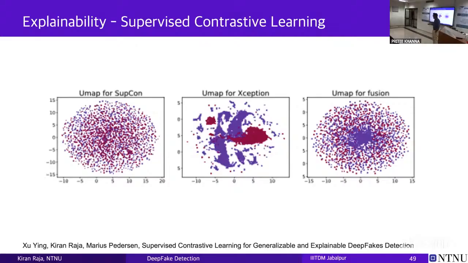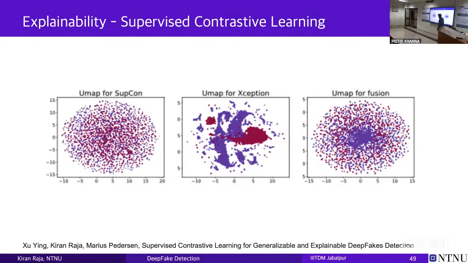And there you see that the features of fake and real are so much mixed up. So there is some way that I can separate them, but I can't really separate them very well. But also for this Xception net, you see that it's clustered very well for one class, and the other class is very spread everywhere.